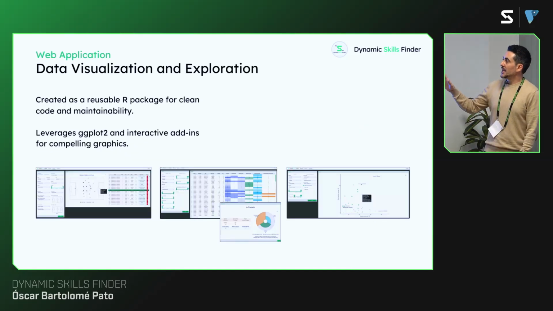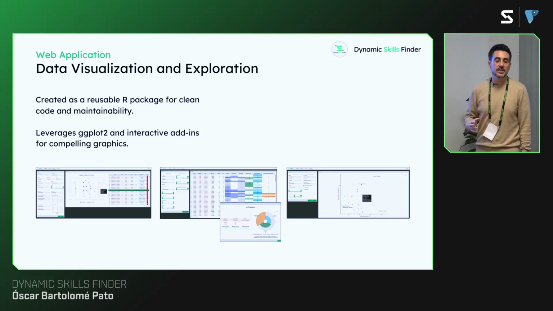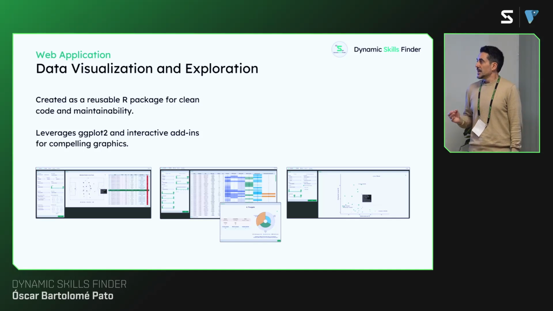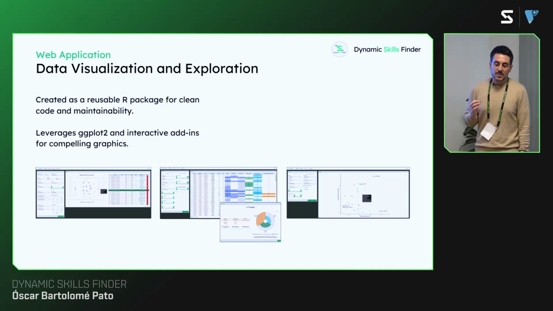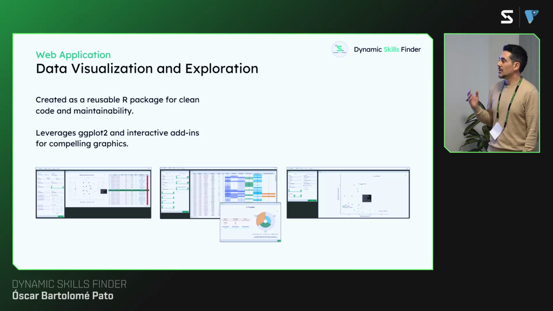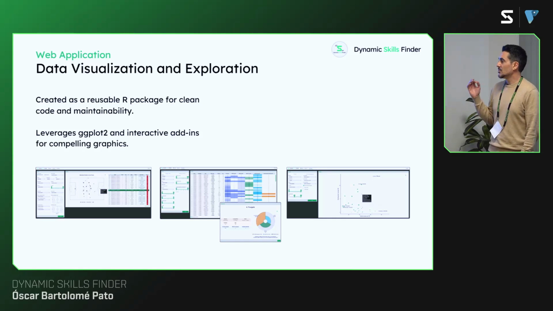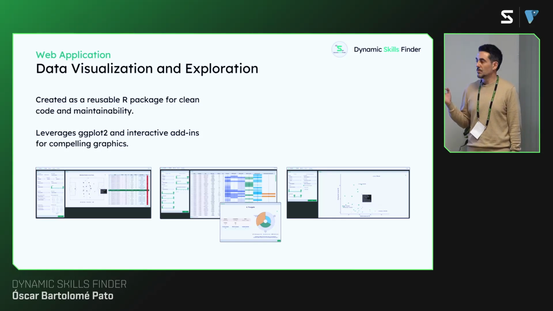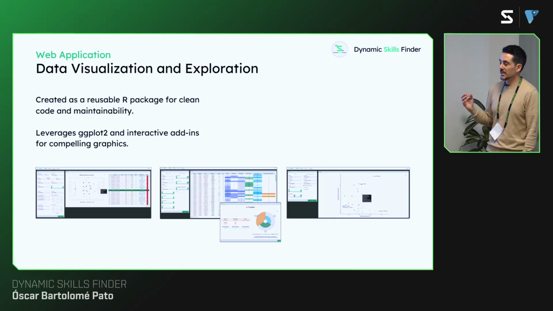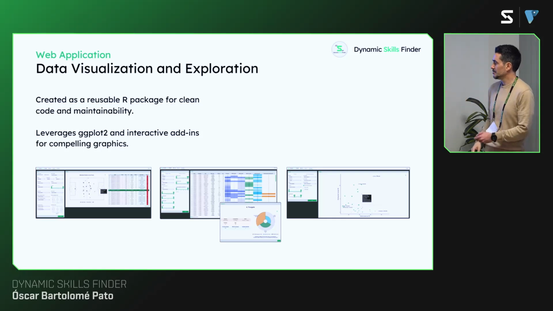On the web application component, I would like to mention that it is being created using RShiny and following package code structure and principles for better reusability, maintainability, and shareability. All the visualizations within the app have been crafted using the ggplot2 package and enhanced with interactivity using the ggiraph package.